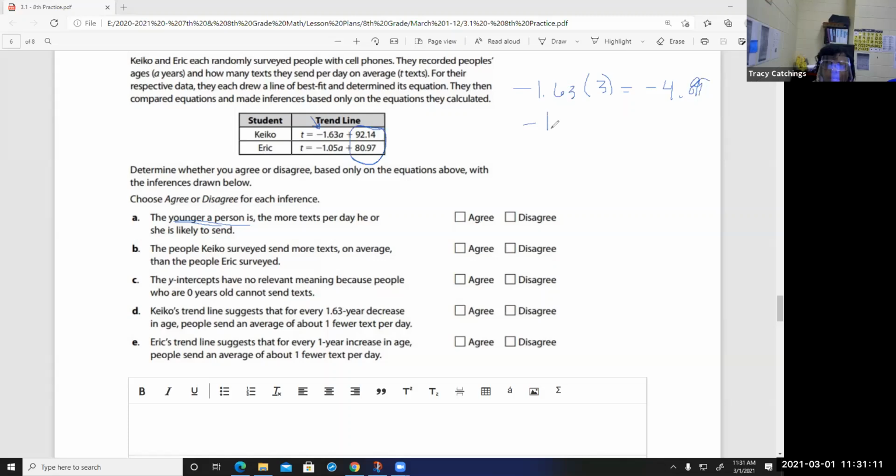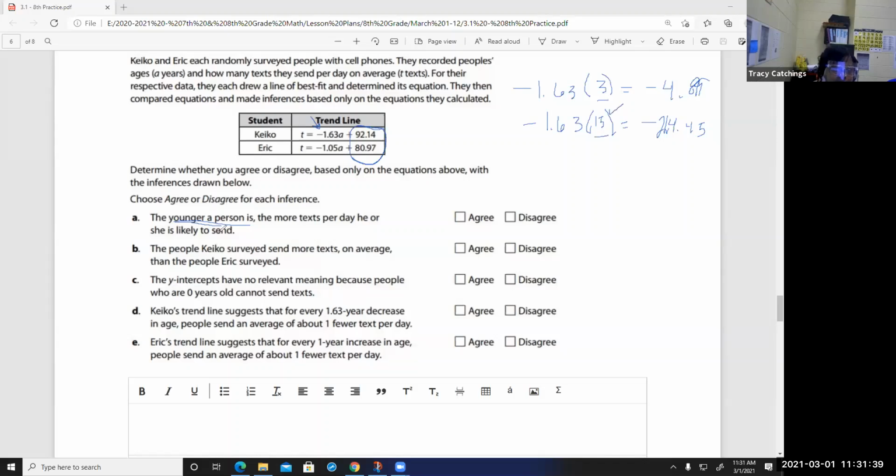All right, and let's say I am 15. Negative 24.45. All right. So if I started with 92 and I take away 4 and I take away 24, which one took away the biggest gap?